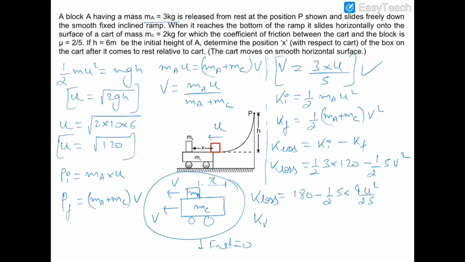So K loss will be equal to 180 minus 9 by 10 u square, and u square is 120. So K loss is equal to 180 minus 108. Therefore the loss in kinetic energy will be equal to 72 joules, and this kinetic energy loss would be utilized in the work done against friction.